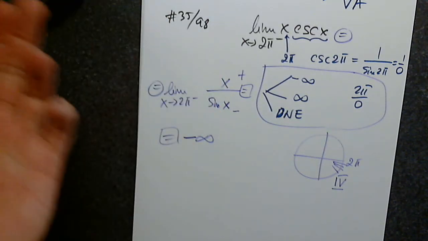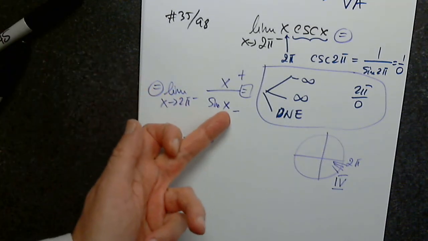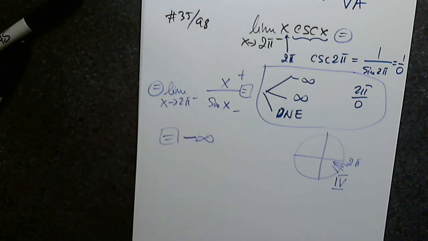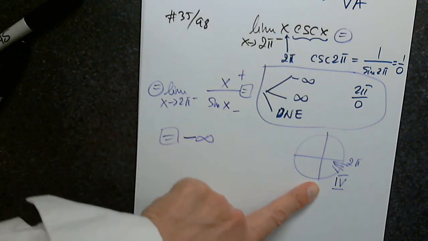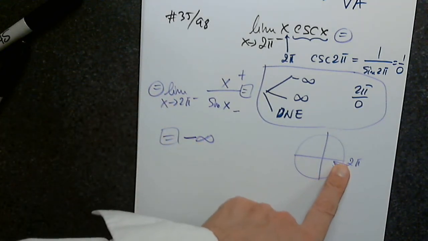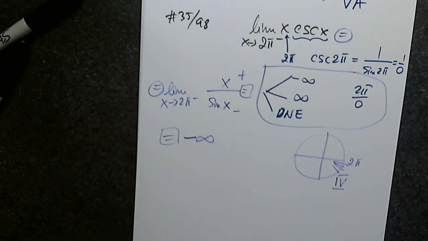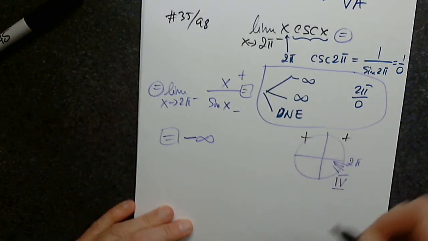So the top is always positive with 2 pi. It's a positive angle. The denominator is 0, but I really need the sign since we are coming from below 2 pi with angles smaller than, but we are close. We have to be close in the fourth quadrant, where we know that sine is negative because sine is measured on the y-axis.